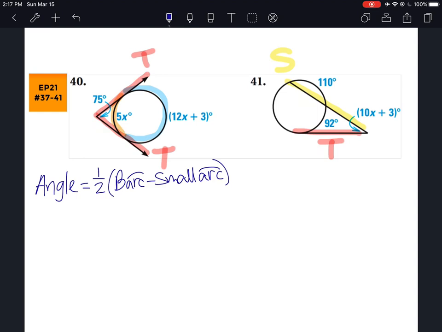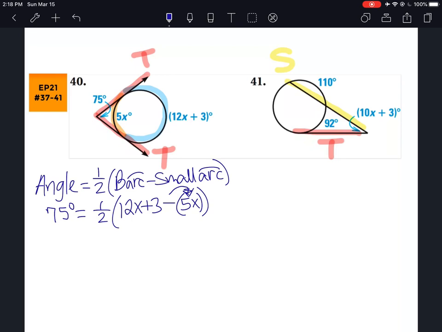So for number 40, we have all the players already. We just got to plug them in. The angle is whatever's formed by the two tangent lines, which is 75. 1/2 stays. The bigger arc would definitely be the blue one, which is 12x plus 3, minus your small arc. Notice I put double parentheses.